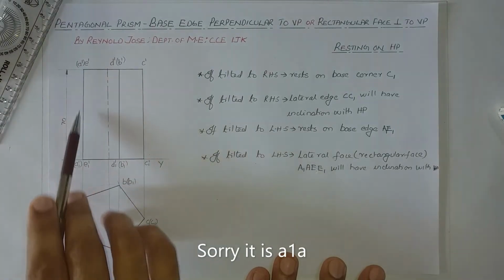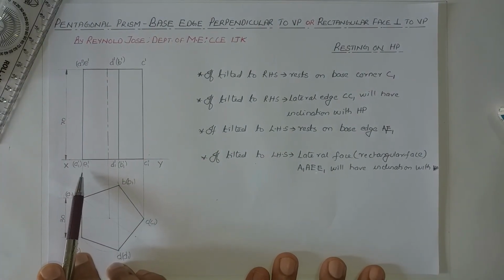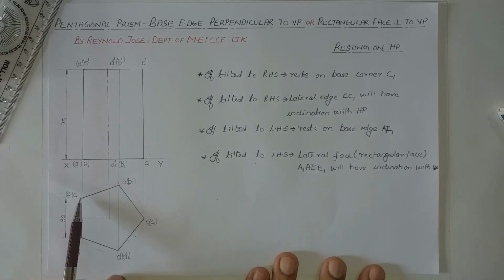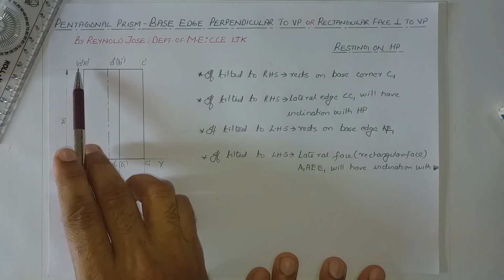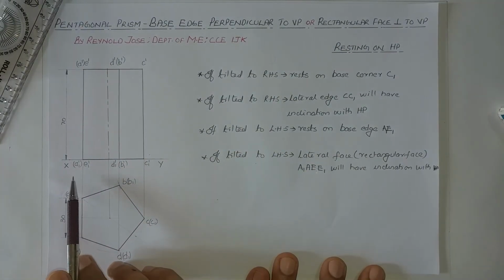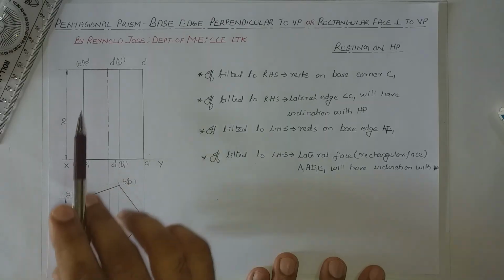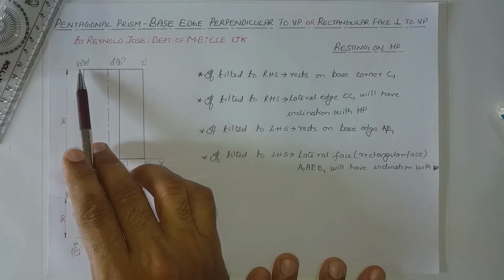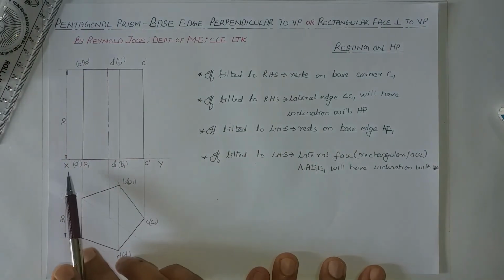This is the same lateral face which is visible as a line in the front view and also visible as a line in the top view. This is actually an edge AE. So here the lateral face is AEE1A1.